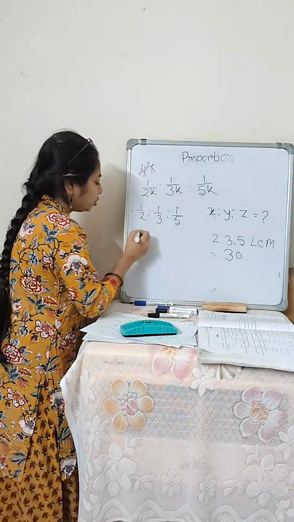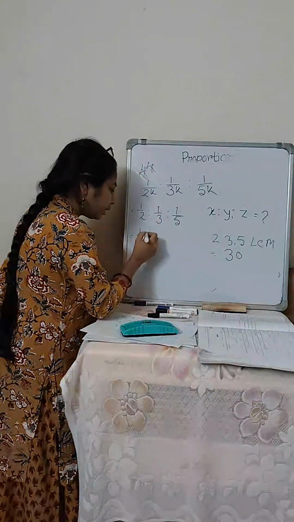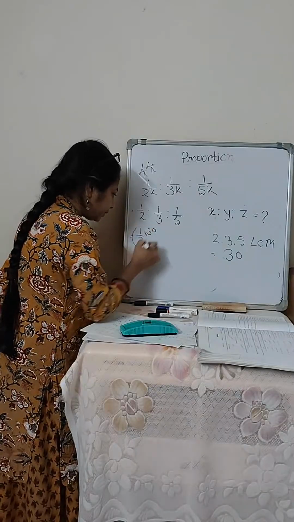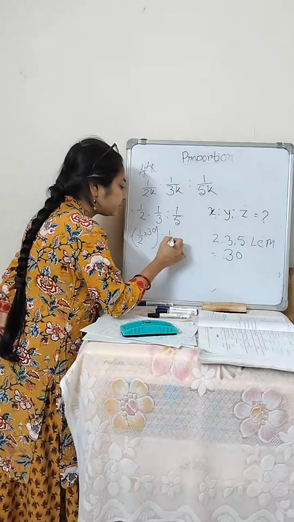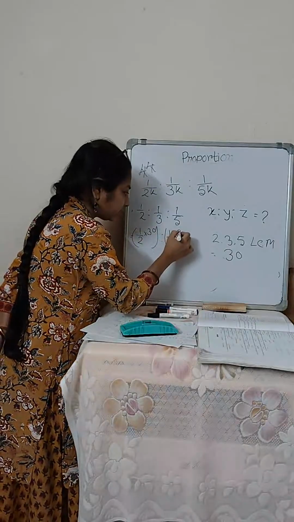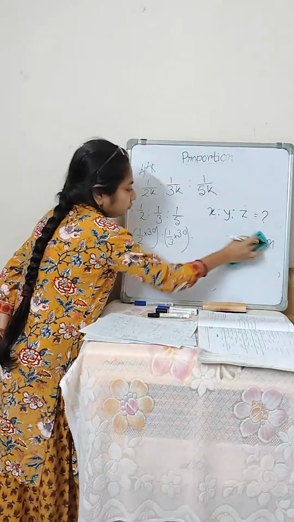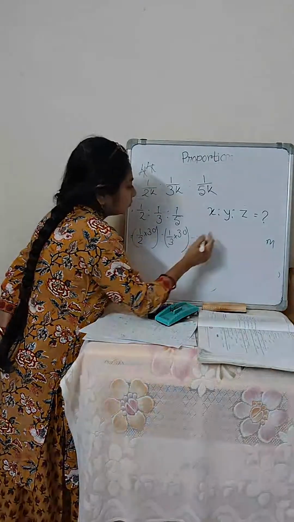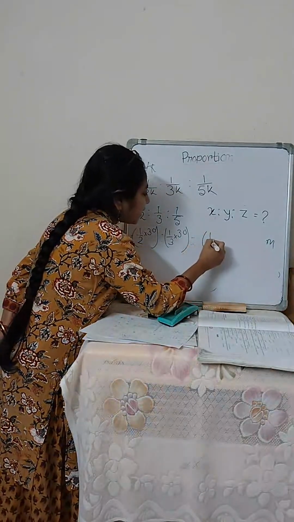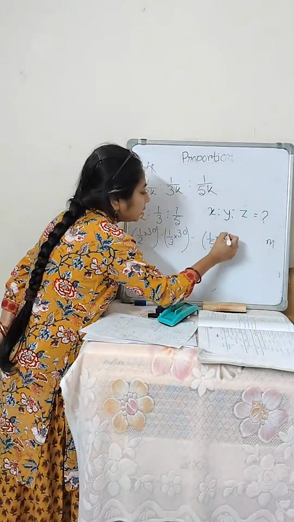Then how can I do? 1 by 2 into 30 is to 1 by 3 into 30 is to 1 by 5 into 30.